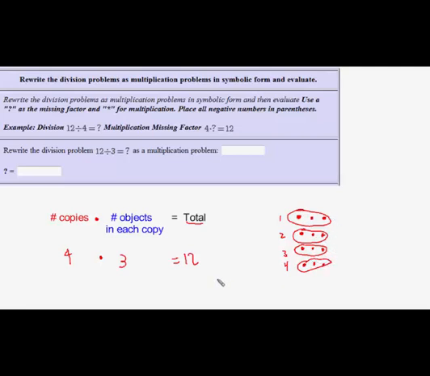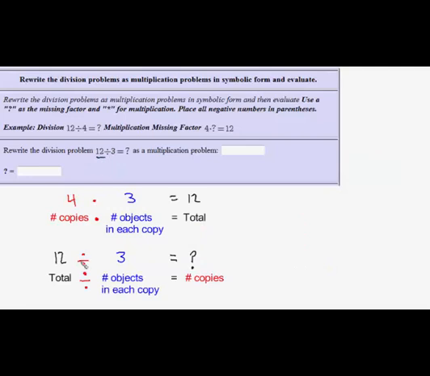So division actually is exactly this, except that rather than giving you the number of copies and the number of objects, we do it a little differently. In fact, if you look at this division problem, it says we want to know what 12 divided by 3 is, and it turns out that the 3 and the 12 have the same meaning as the 3 and the 12 over here, meaning we just moved things around a bit so that it looks like this, where we are given the total number of objects.